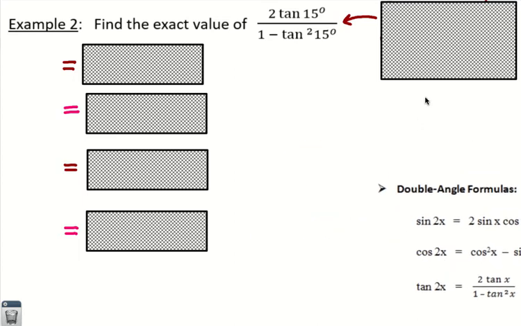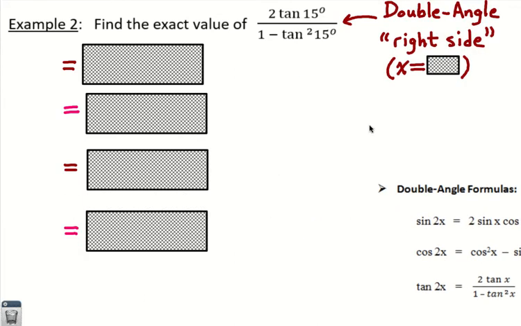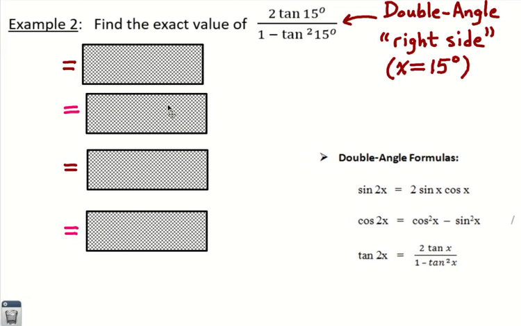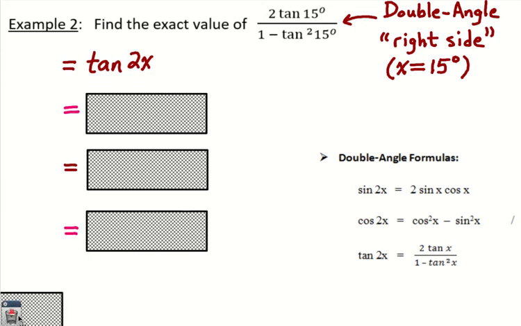So we can totally recognize this as the right side of the double angle formula for tangent, where x equals 15 degrees. And so we can take this and change it into this because they are equivalent. The formula says that this equals this. It's just turning the right side of a formula into the left side of the formula.